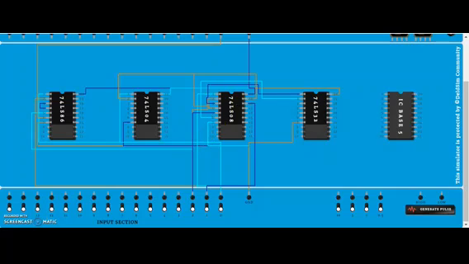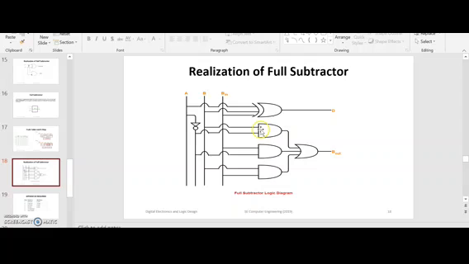And now this output, this 17, will be connected to this 5. These 3 AND gates are ORed together here to get B out.